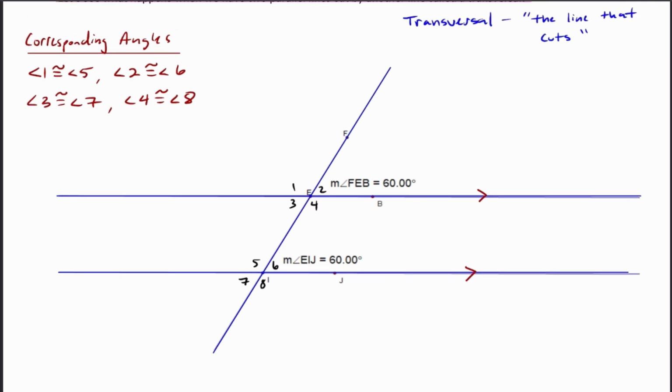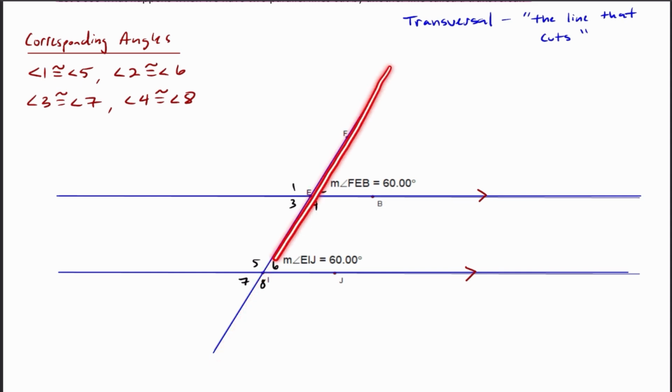Now I want to go ahead and move on to other types of angles formed by parallel lines cut by a transversal. While I was discussing corresponding angles, I mentioned the words same side of the transversal. We can see that angles 1, 3, 5, and 7 are on the left-hand side of the transversal, and angles 2, 4, 6, and 8 are on the right-hand side of the transversal.